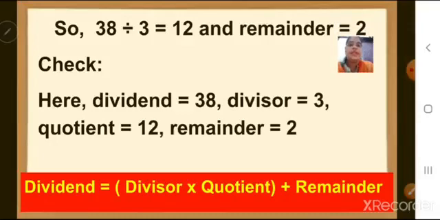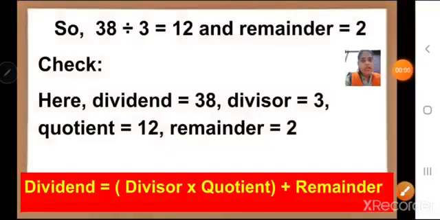So 38 divided by 3 is equal to 12 and remainder is equal to 2. Then we have to write check. Okay. Here dividend is equal to 38, divisor is equal to 3, quotient is equal to 12 and remainder is equal to 2.